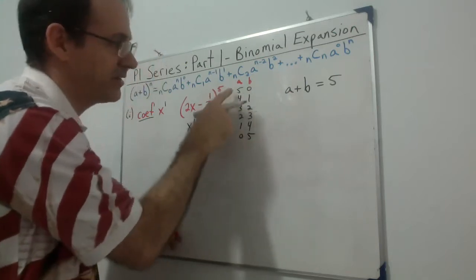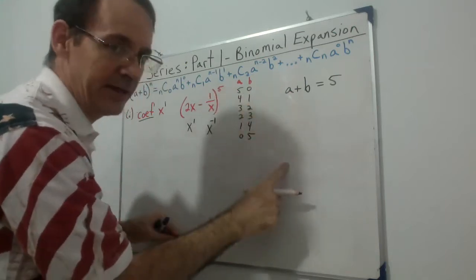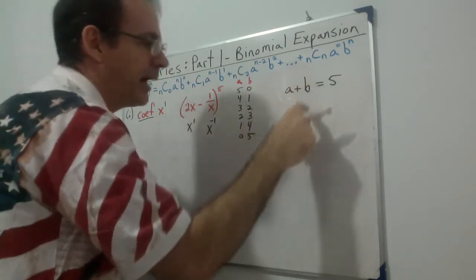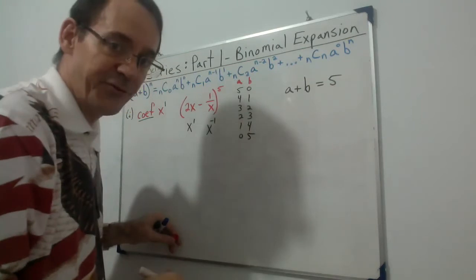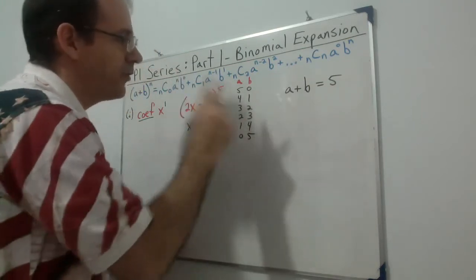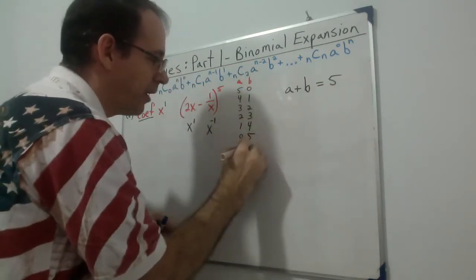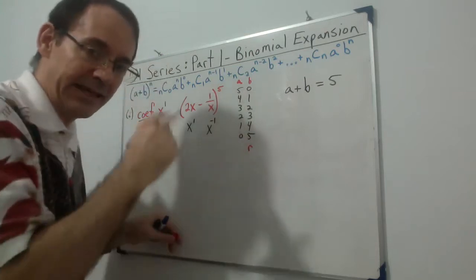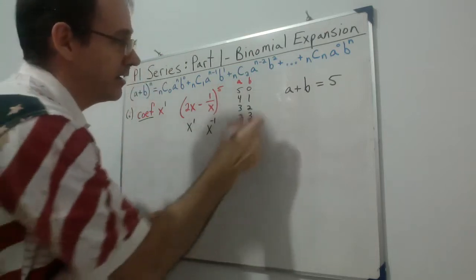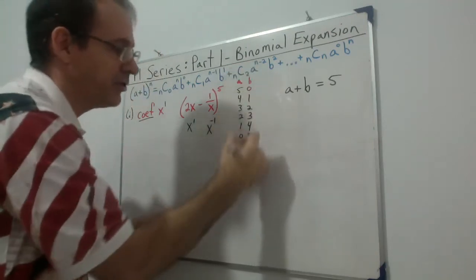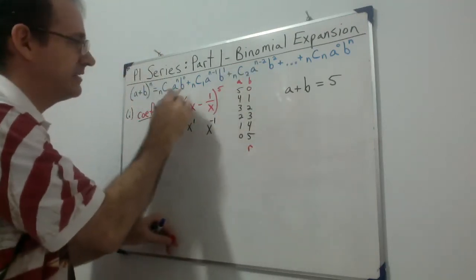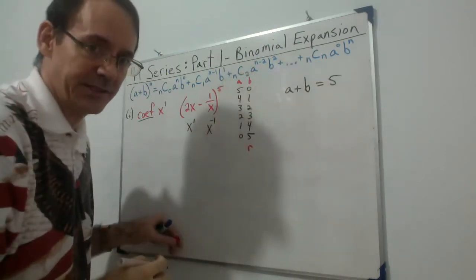So this represents the possible a values, and this represents the possible b values, and they have to add together to give me 5. Don't forget that this row is also our r. In the nCr, the exponent of your b term is also your r in our nCr notation, okay?